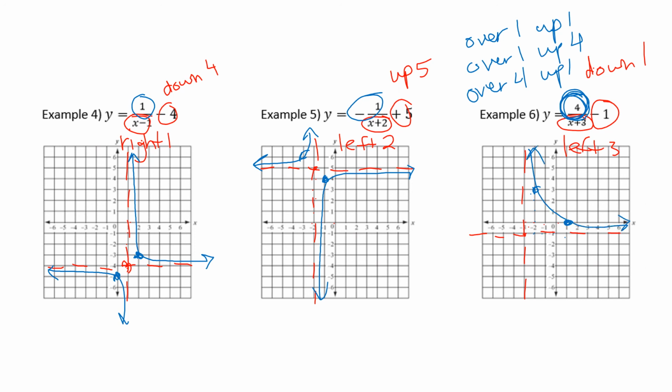I'm going to go over 1, down 4. I'm also going to go over 4, down 1. And I'm going to curve down and around, being very careful never to cross over those asymptotes. So you can see how much this is stretched out. It looks like somebody has pulled that function away from the center. Having that 4 up top just creates a little bit of a stretch in your graph.